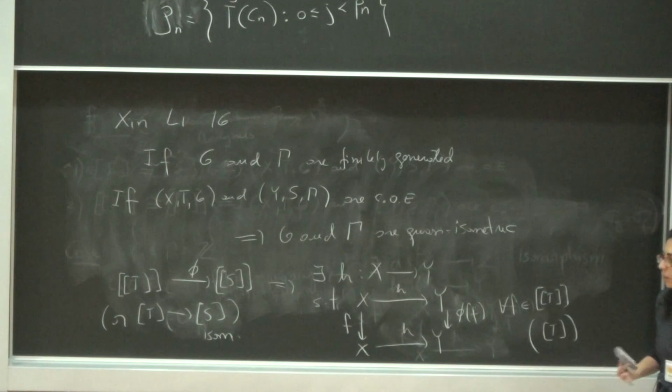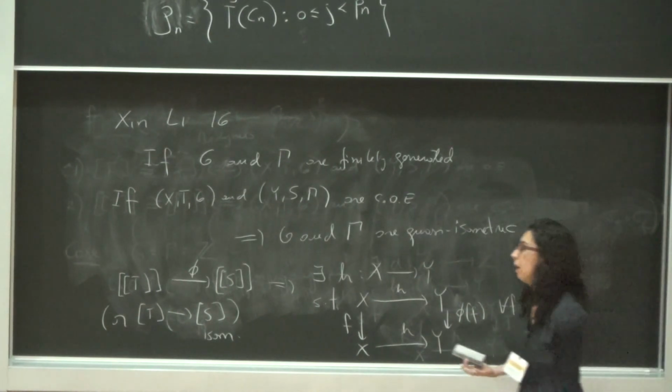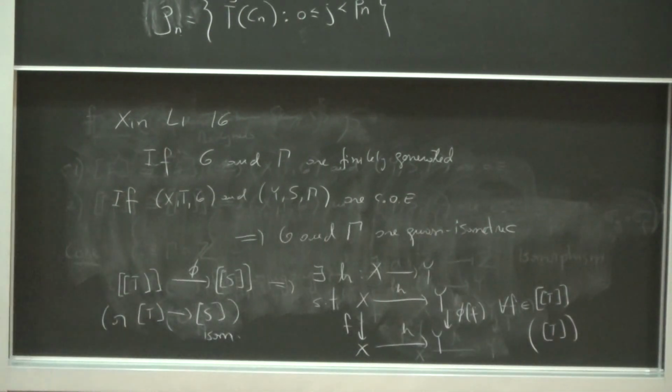There are more things that you can say. For example, I'm just going to mention, because I don't have time, that there are more algebraic invariants that you can associate to minimal Cantor systems, or Cantor systems in general.